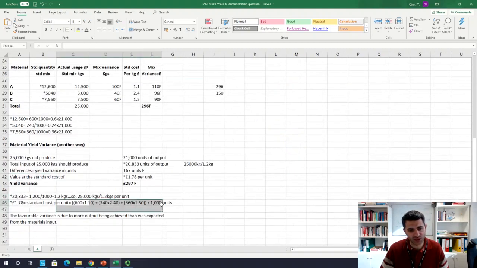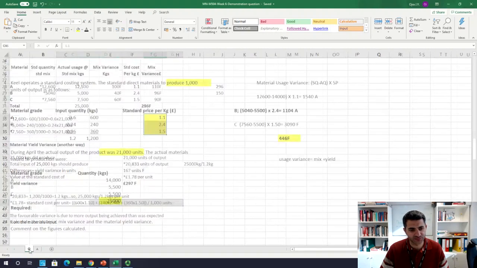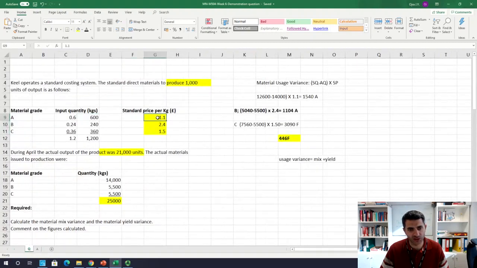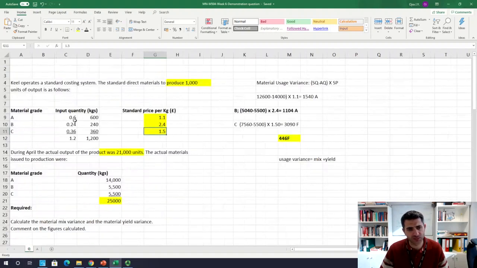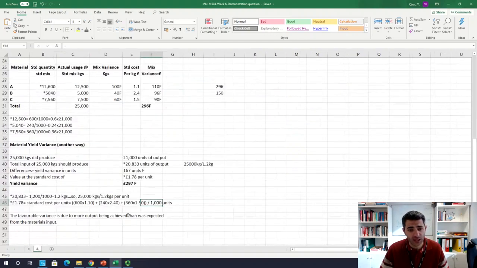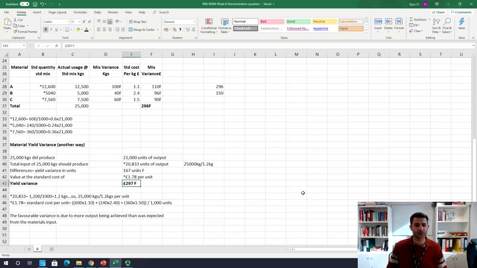You just do 600 times 1.1 plus 240 times 2.4 plus 360 times 1.5, add them all together, and divide by 1,000 units. Or you don't need to; if you multiply this by this, you don't need to divide by 1,000 units. It's up to you. Okay? So that's almost 1.78 per unit, and if you multiply it, you should be able to find 297 pounds favorable.